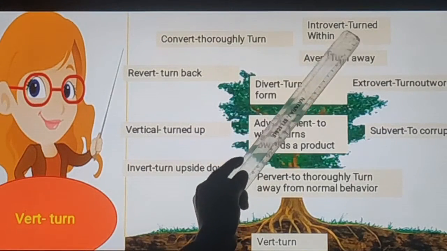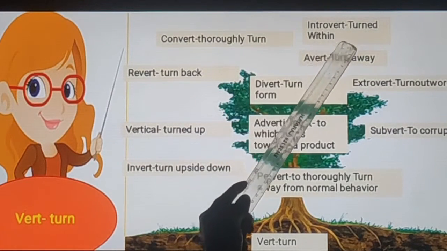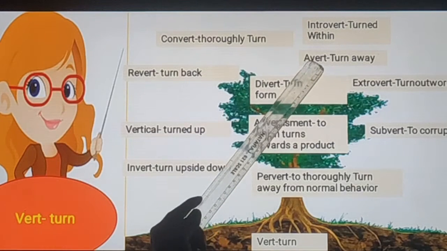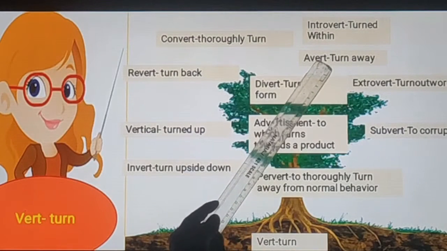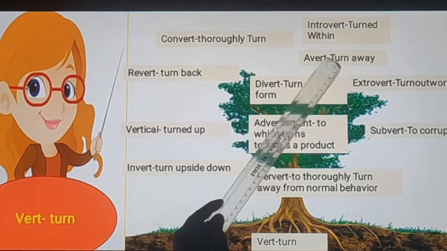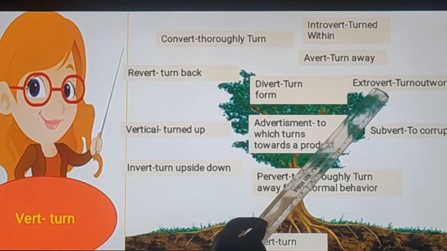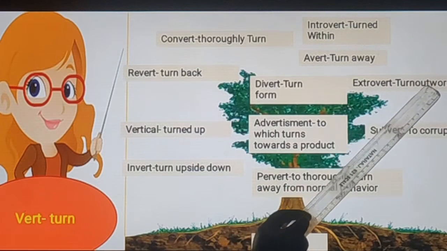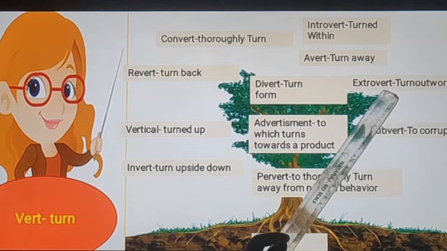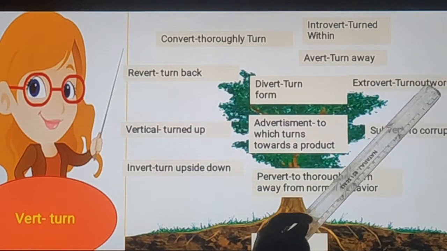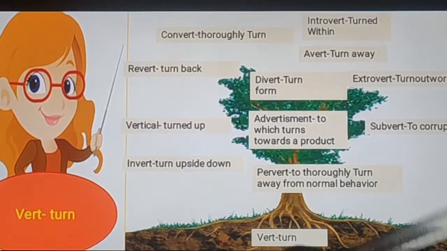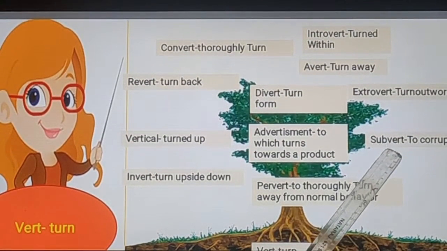Now, introvert. Introvert means turn within. Next one. Avert. Avert means turn away. Turn away means avert. Okay. Extrovert. Extrovert means turn outward. Turn outward means extrovert. Next one. Subvert.